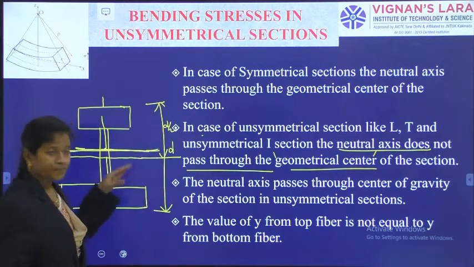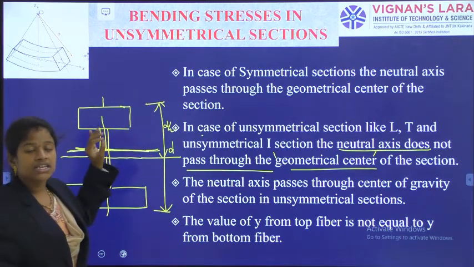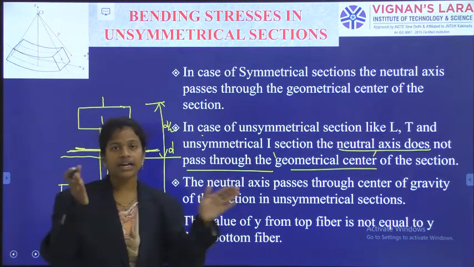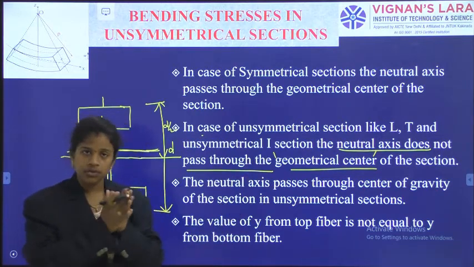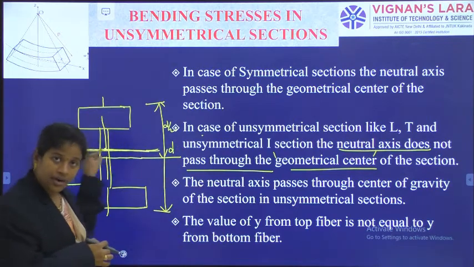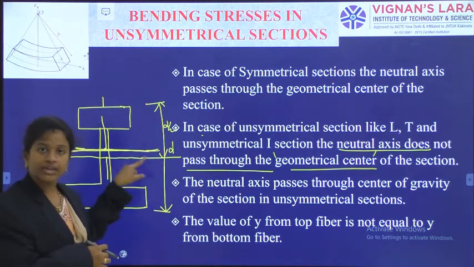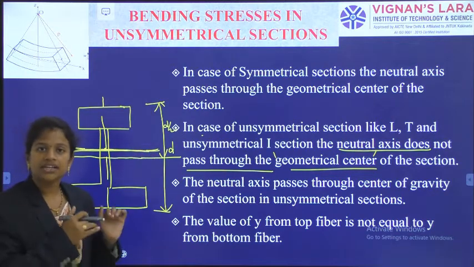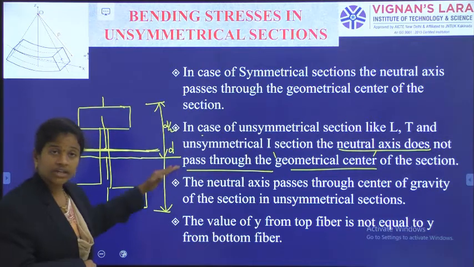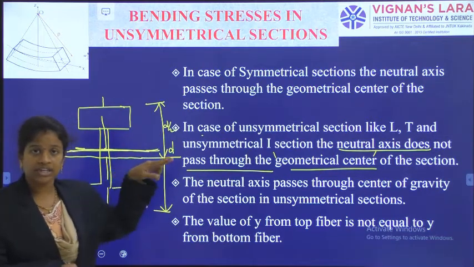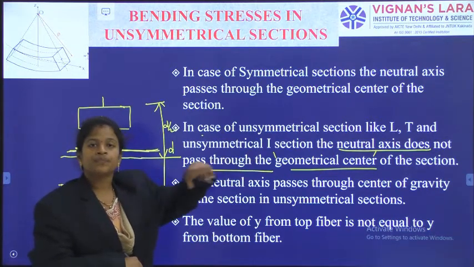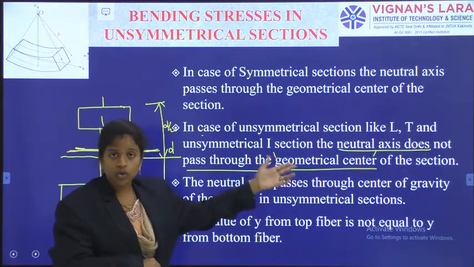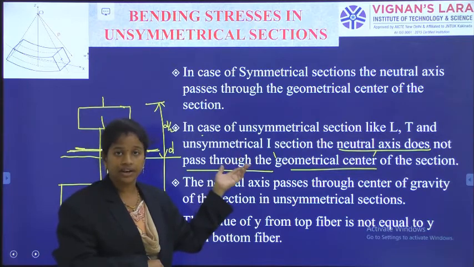Geometrical center line is not at all passing through the centroidal axis or the neutral axis. Centroidal axis and neutral axis are always the same, but the geometrical axis is at total depth by 2. That geometrical center line is not coinciding with the neutral axis line or the centroidal axis line.